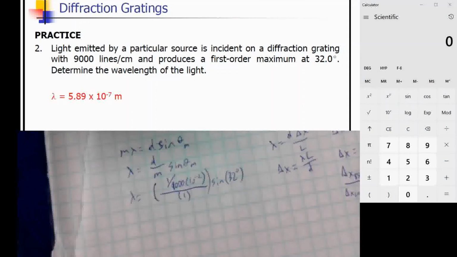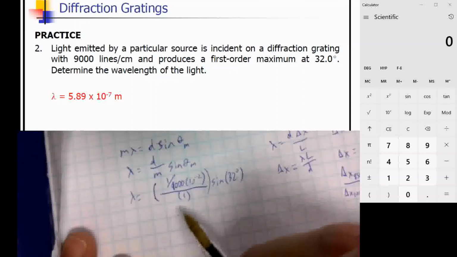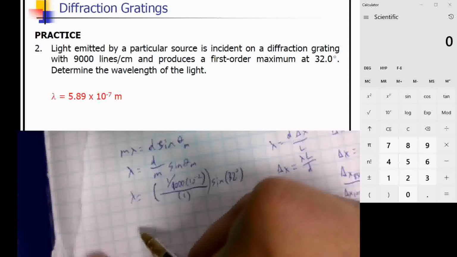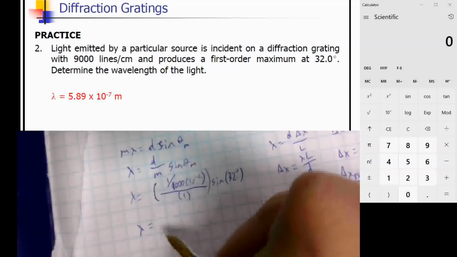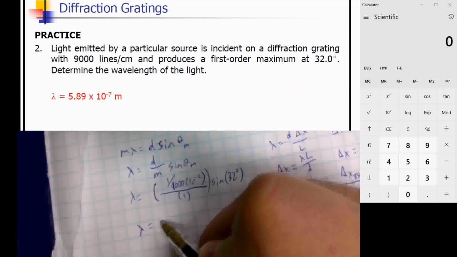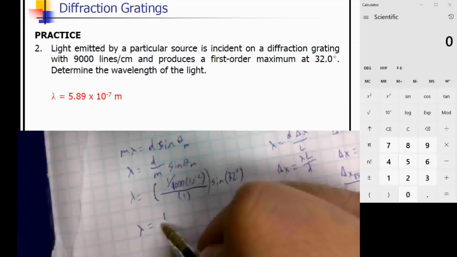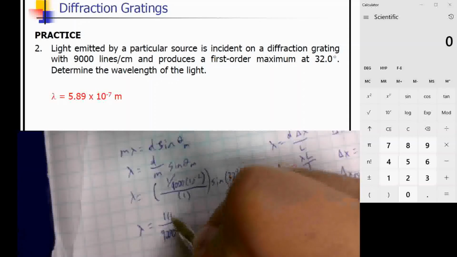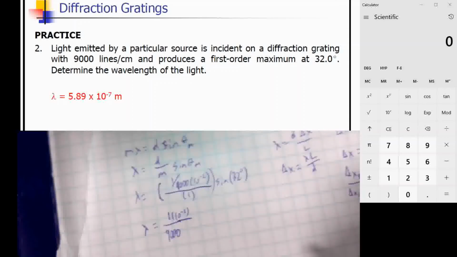Okay, I realized what I did wrong here. I forgot that it's lines per centimeter, so this is actually in the numerator. So I'm going to rewrite this. Lambda equals d, which is 1 over 9,000, and my centimeters are up here.